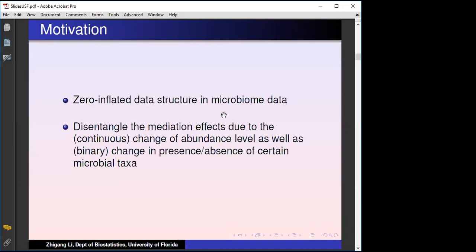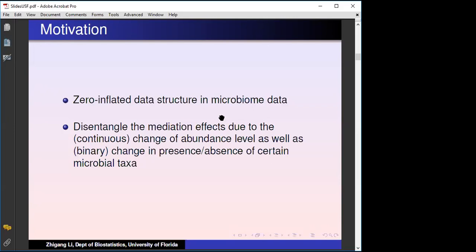If, for example, we want to get gut microbiome data, we use the stool sample, and then we sequence the stool and get how many counts of the microbiome data in the stool. So the stool is only a proportion of the gut, likely to be a very small proportion of the gut. So many microbiota that are present in the gut might not be present in the stool, which means you miss them, then it will be showing up as zero in your data, especially for those rare taxa.